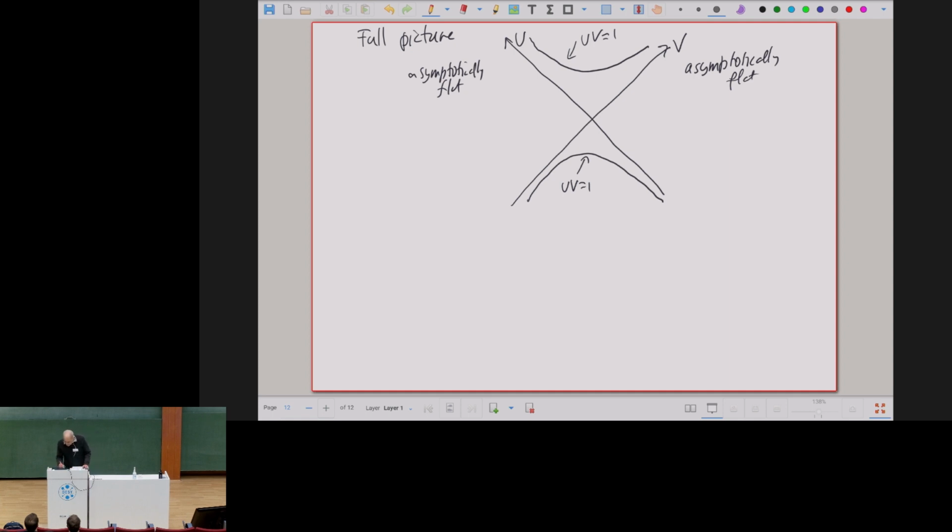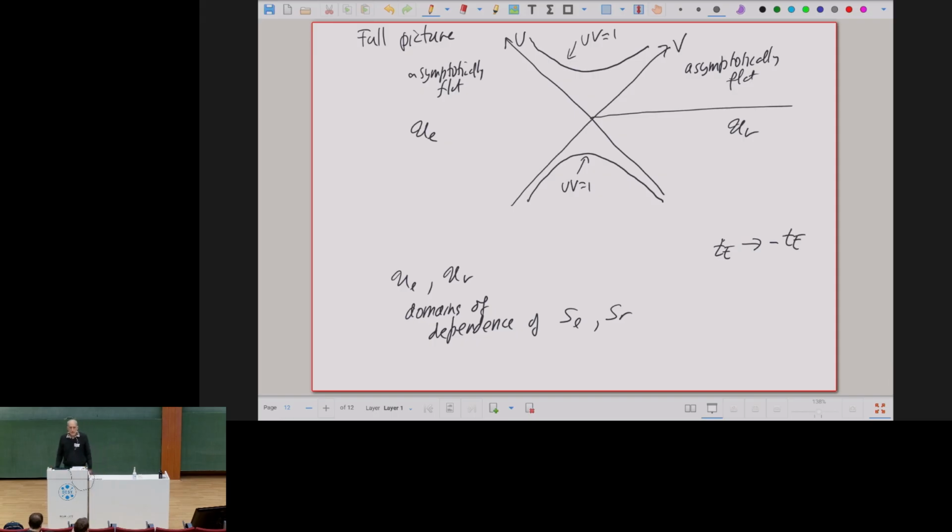So there are two asymptotically flat regions, UL and UR. UL and UR are the domains of dependence of the partial Cauchy surfaces that I called SL and SR. What I called the fixed point set of t_E going to minus t_E.